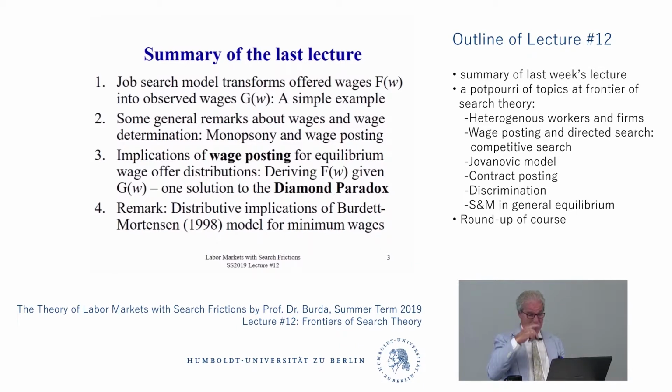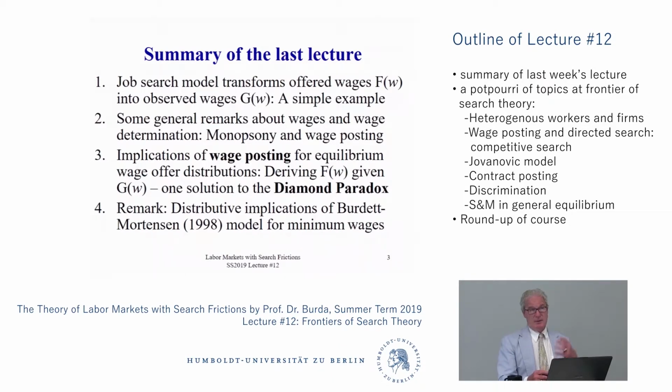This is a remarkable implication of this model, which hasn't been picked on very much, but it explains a lot to me. It explains why in some cases in the United States, increases in the minimum wage have had no effect on employment. And if you look at Germany, since the implementation of the minimum wage in certain branches in East Germany, in the roofing industry, or the minimum wage in 2015, we haven't seen anything yet.